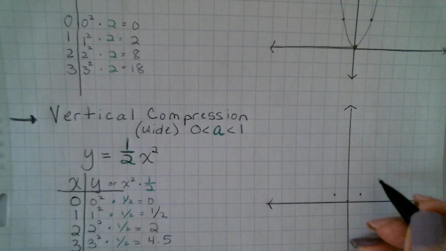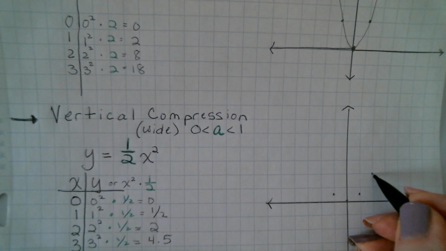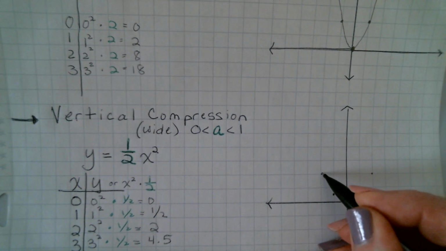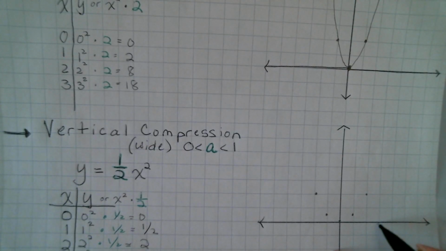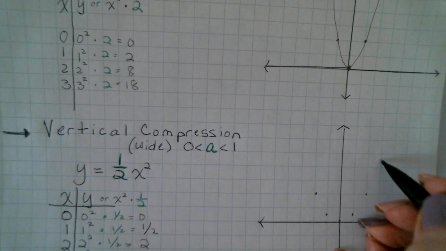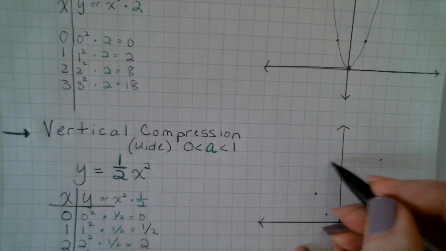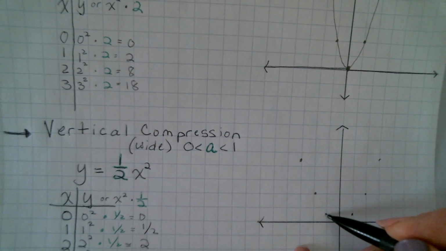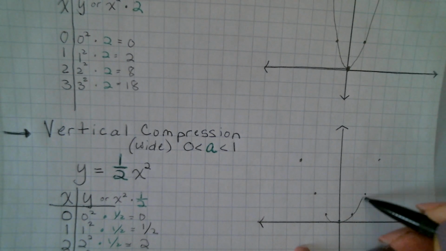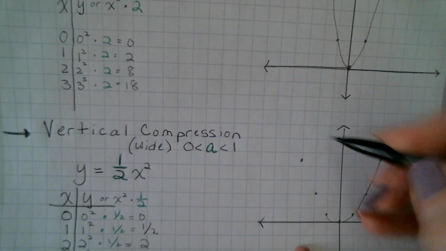So 2, 2 instead of 4. 2, 1, 2. When we go over 3, it's half of 3 squared. Not 9, but 4.5. Okay, so this compression makes this graph a little fatter or wider.